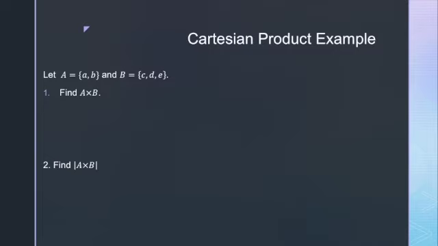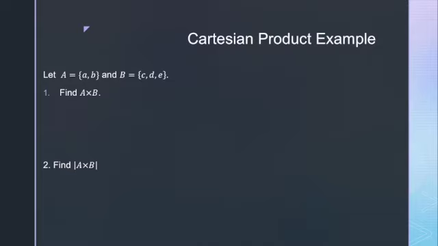So let A be the set with elements A and B, and B be the set with elements C, D, E. Let's go ahead and quickly find the Cartesian product.